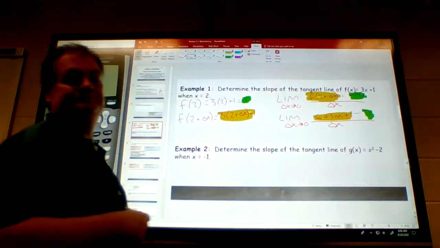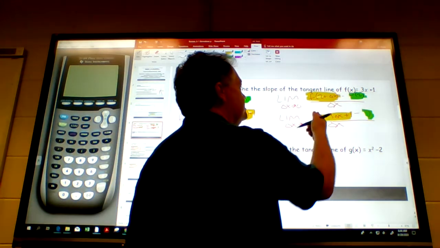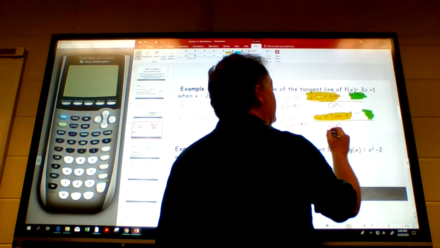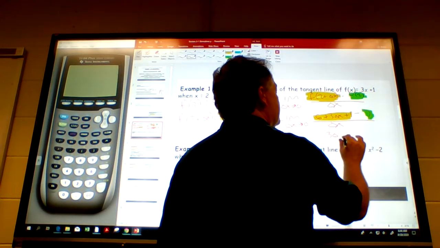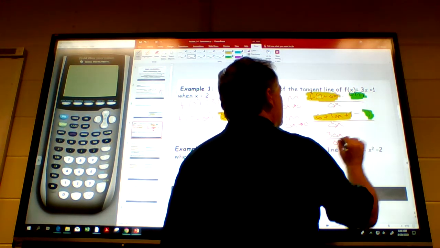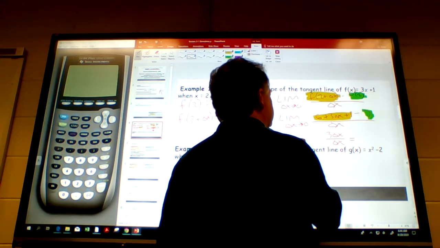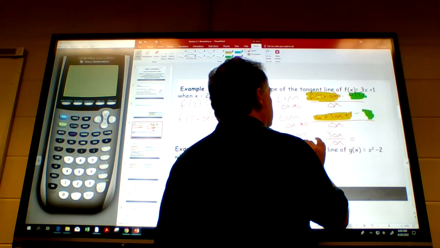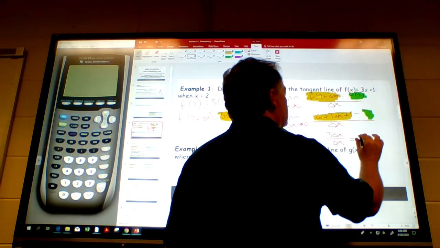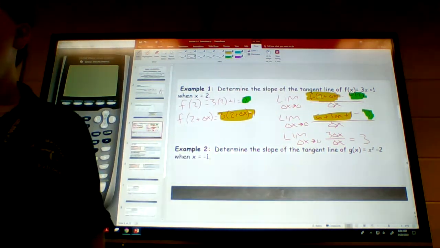So when we simplify, 6 plus 1 is 7 minus 7, I'm left with 3 delta x over delta x, which means that the limit as delta x approaches 0 is just simply 3. Just simply 3. All right.